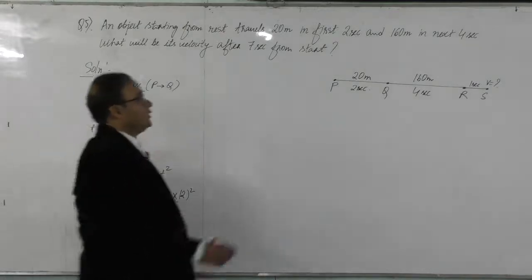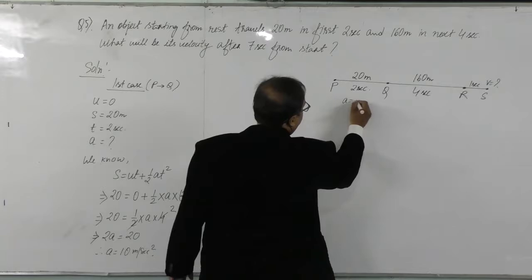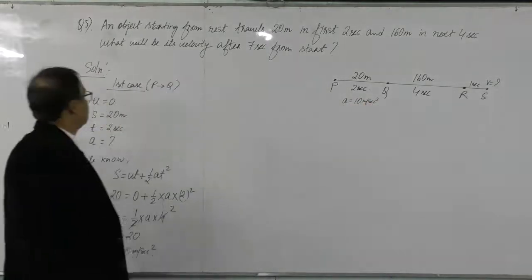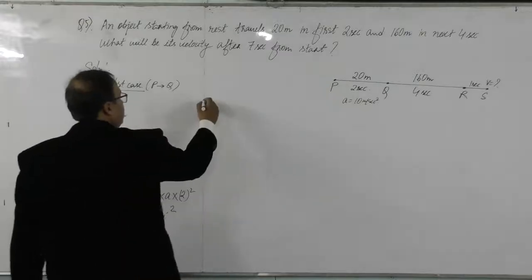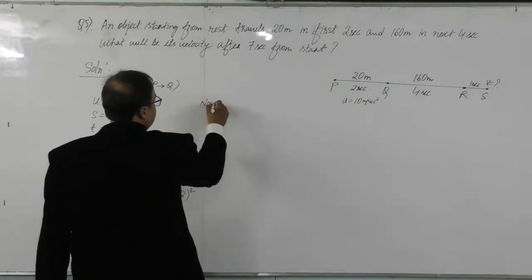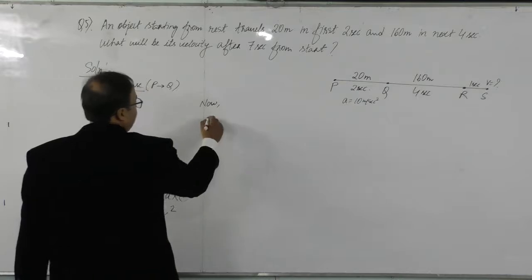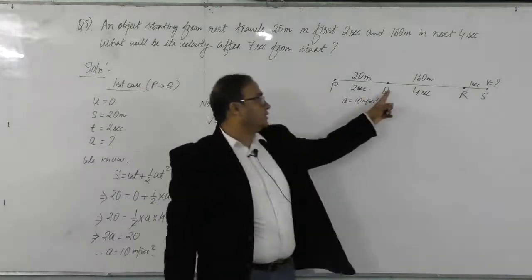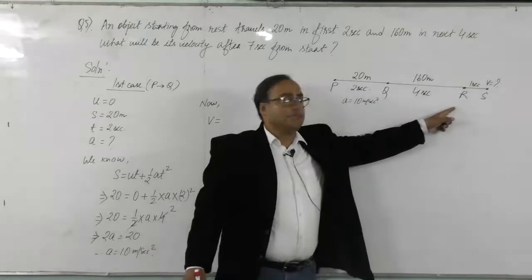So for the first part, we got the acceleration 10 meter per second square. Now, we can also find out the final velocity from P to Q. If we can find the final velocity, then for Q to R it will become the initial velocity.